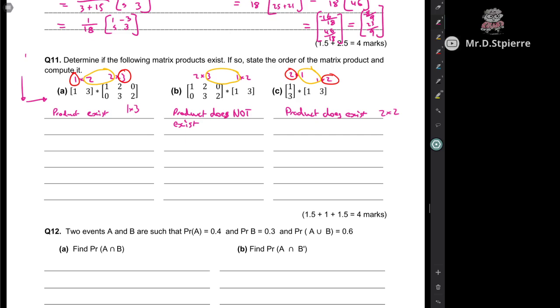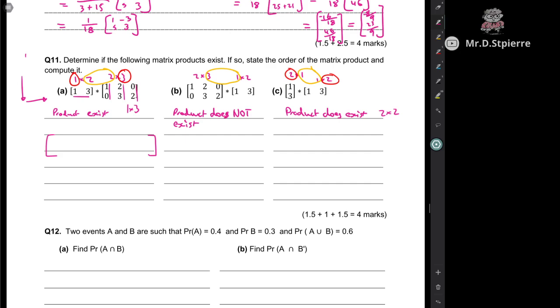So we get a 1 by 3, so give myself plenty of space to fill this in. So take the row of the first matrix, multiply it by the column. So we're taking row multiplied by the column, then multiplied by the column, multiplied by the column.